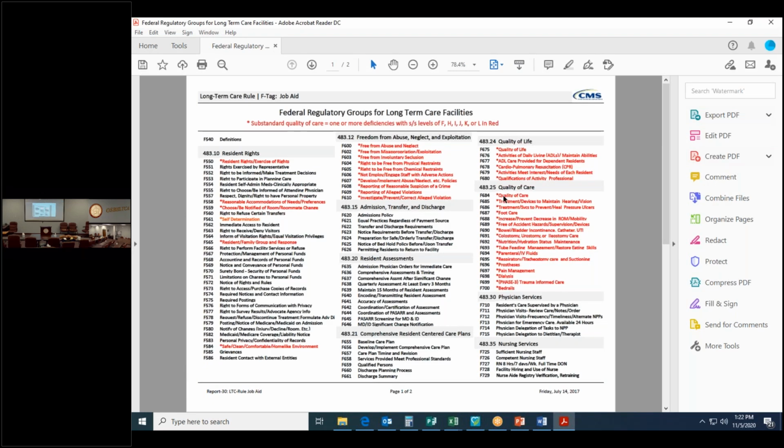As you can see at the very top, anything that has an asterisk and is in red means substandard quality of care, one or more deficiencies within that level. Your red areas are very important, because if you get more than one deficiency in these particular areas, that can classify an IJ.